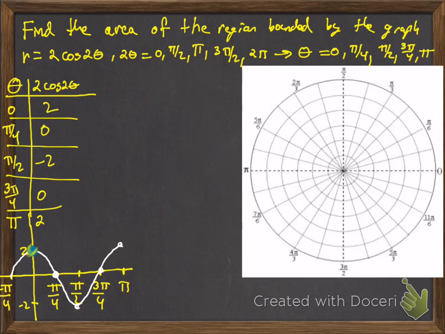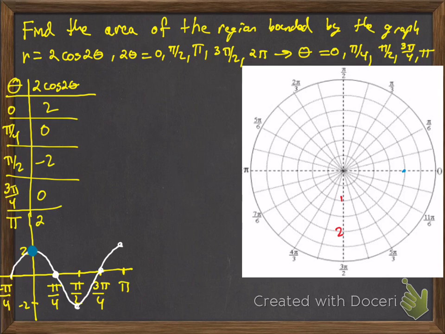So we'll have one at 0, 1 at pi over 2, but it's going to be directed down to 3 pi over 2 because it's negative, and then 1 at pi. Now, we said there were 4 petals. I only have 3 mins or maxes. What I need to do is extend my graph. There's other ways of doing this. We're going to try to keep it simple by keeping it related to the trig graph here.